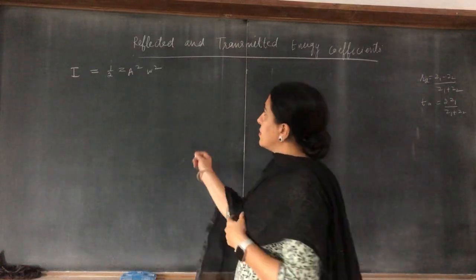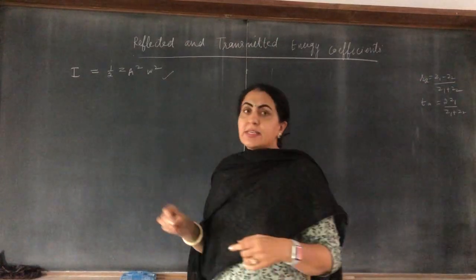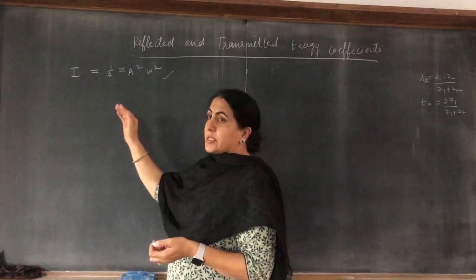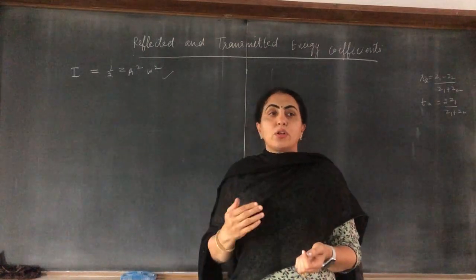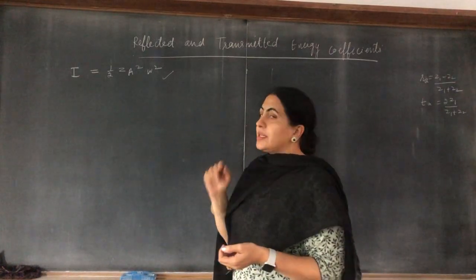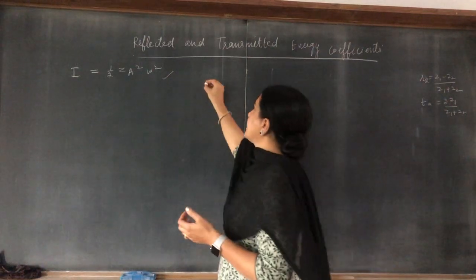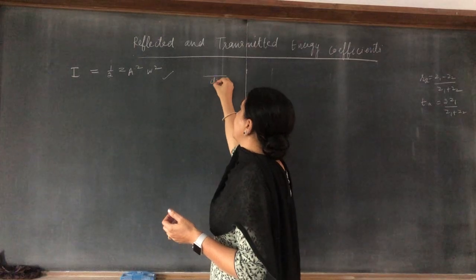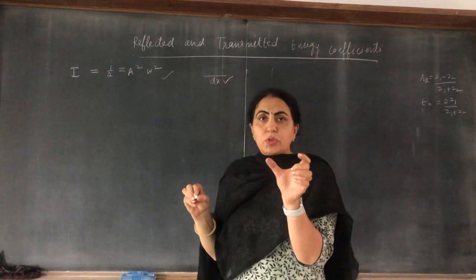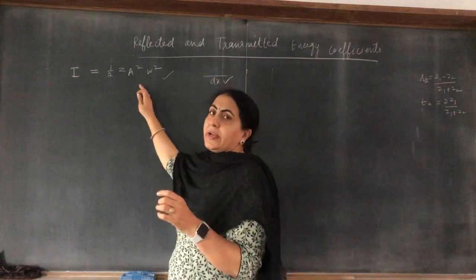So from this we can say that the intensity of a wave, or the rate of flow of energy, doesn't depend upon the position of the segment. Segment means the small portion of the string that we take.